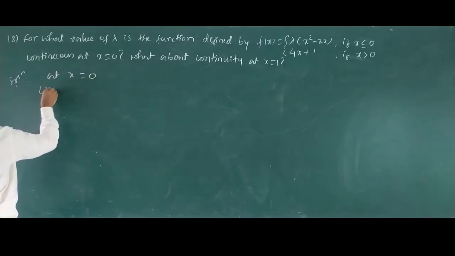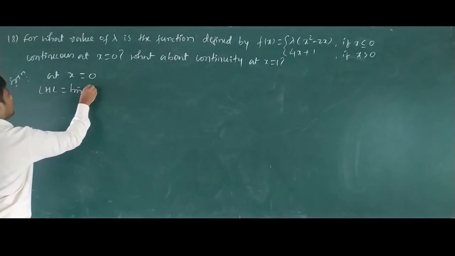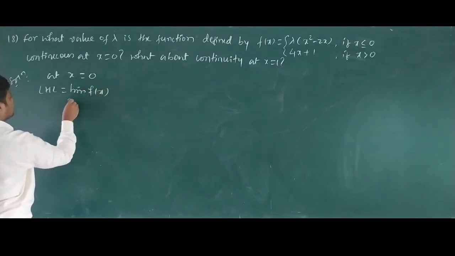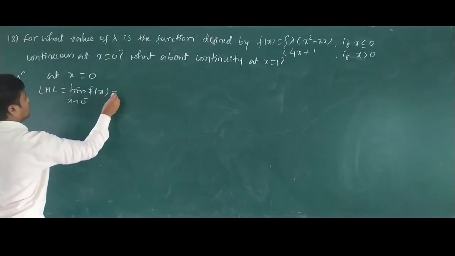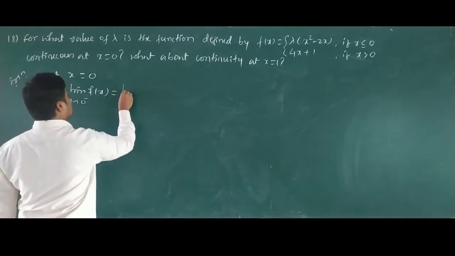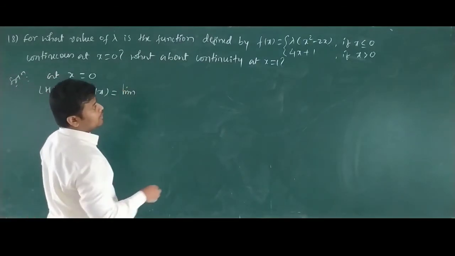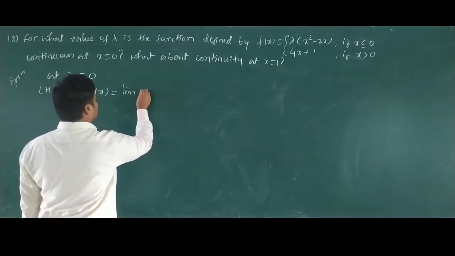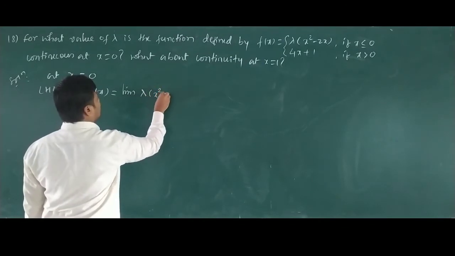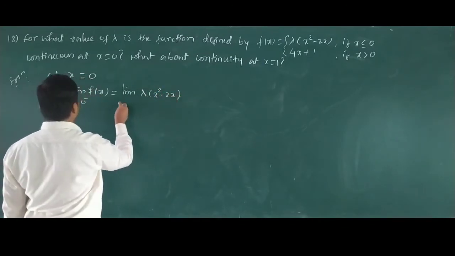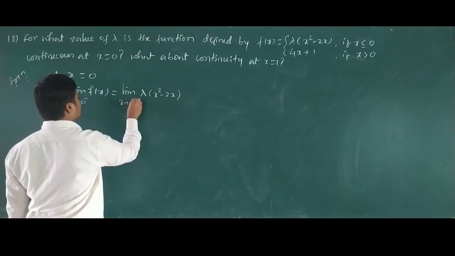So LHL: limit of f of x as x tends to 0 minus. That function is given by limit of lambda into x square minus 2x as x tends to 0 minus.